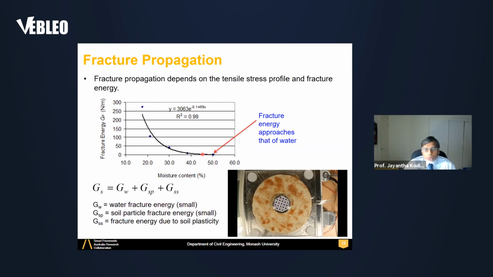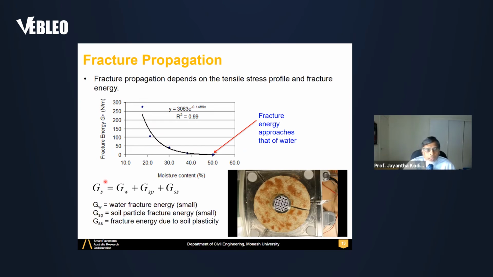As the soil dries, your fracture energy remains very small until such time as it starts to increase exponentially. This exponential increase is related to the plastic or frictional energy required in formation of a crack tip area, because when suction goes up with drying, the frictional energy required around the plastic crack tip also goes up.